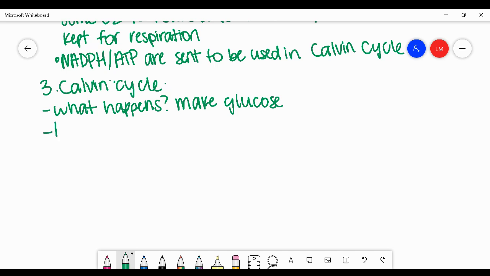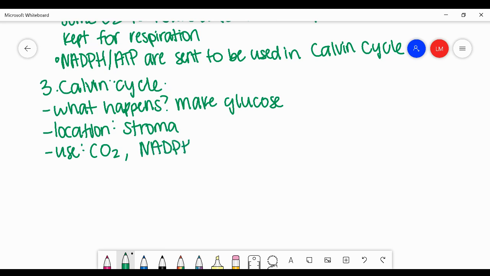The location of the Calvin cycle is the stroma of the chloroplast. And remember, that's the fluid or liquidy thing that is inside the chloroplast. We are going to use CO2, carbon dioxide, and then we're going to also use NADPH and ATP that were made during the light reaction.